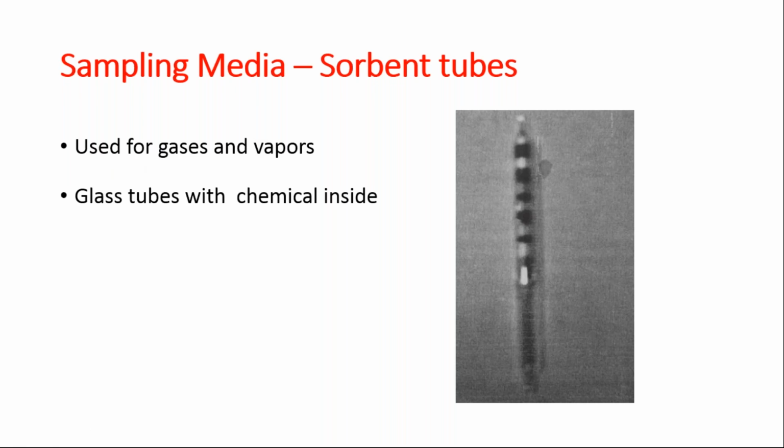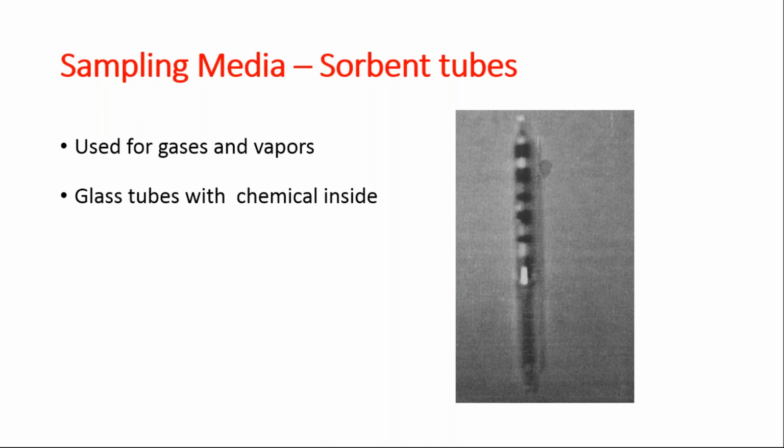What about gases and vapors? Gas and vapor can pass through the filters. For such type of contaminant like gas and vapor, we use sorbent tube. Sorbent tubes are glass tubes in which a specific chemical is encapsulated. When we use this type of instrument, we break the tube from one side and make the air flow inside the tube.